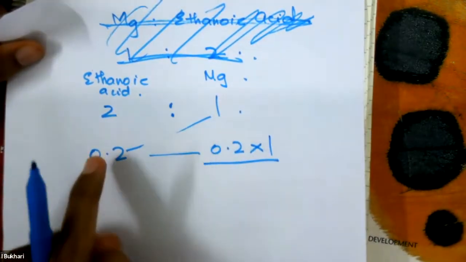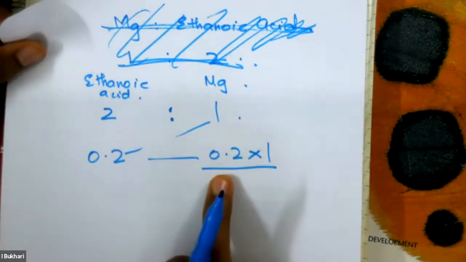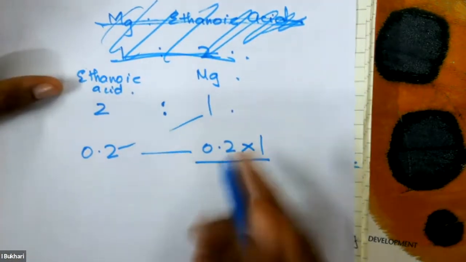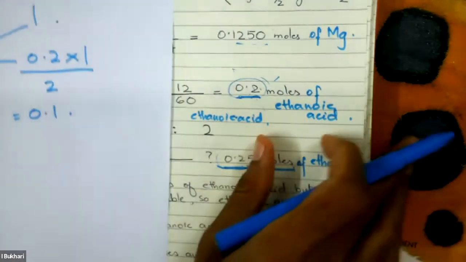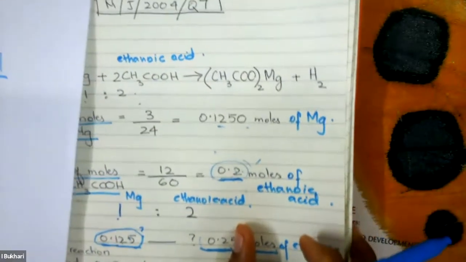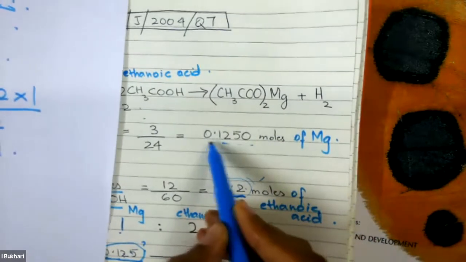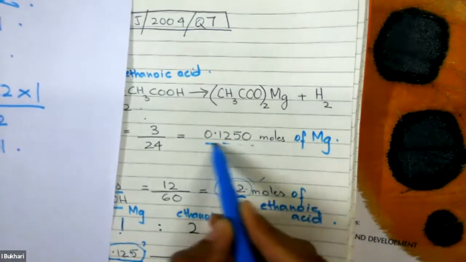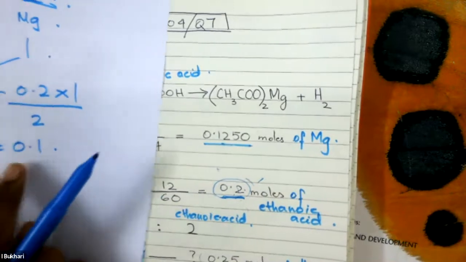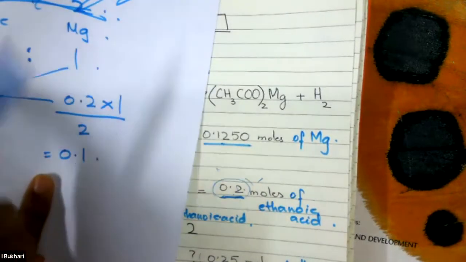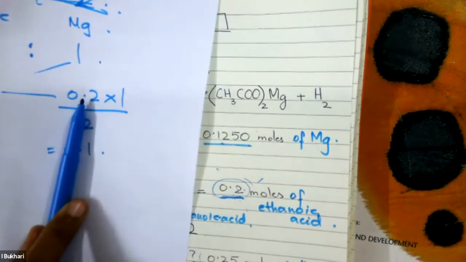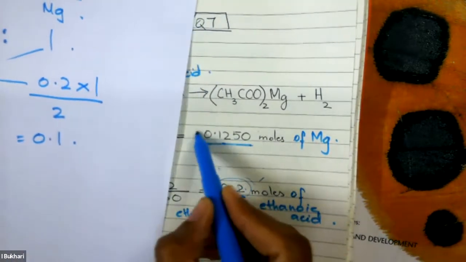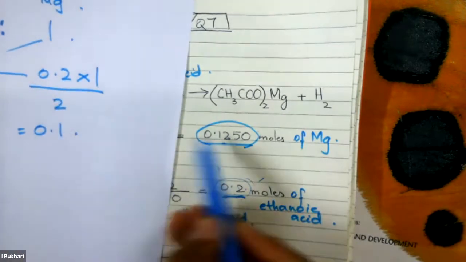So how many moles of magnesium will ethanoic acid react with? I'm trying to find that out. 0.2 multiplied by 1 over 2 gives 0.1. How many do I have? 0.1250. So this is how much is required by ethanoic acid. But how much do I have? This is more than this.